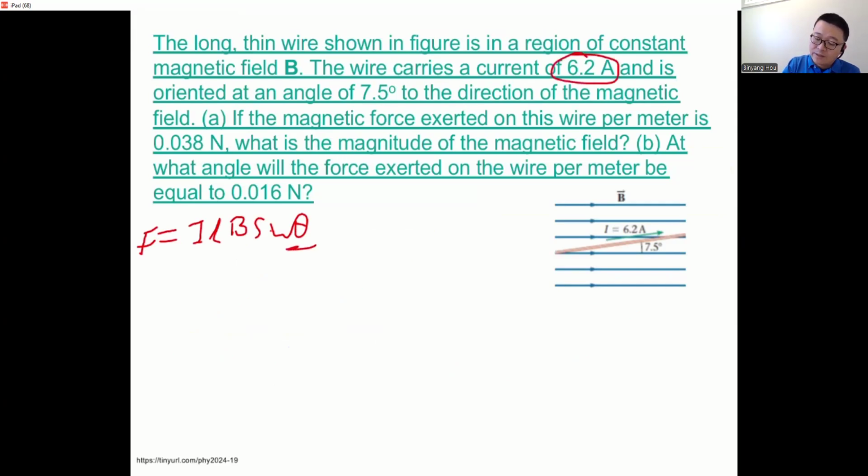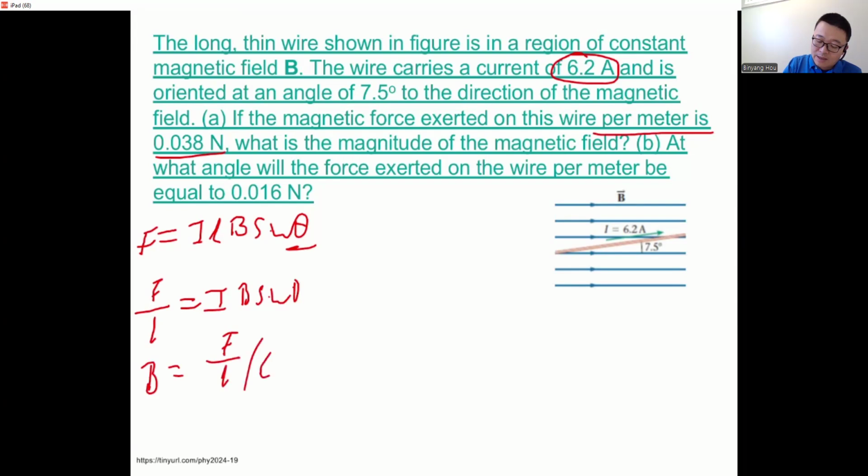It says force per meter, so that's F over L. So F over L should be I B sine theta. Then B should equal F over L divided by I times sine of theta.